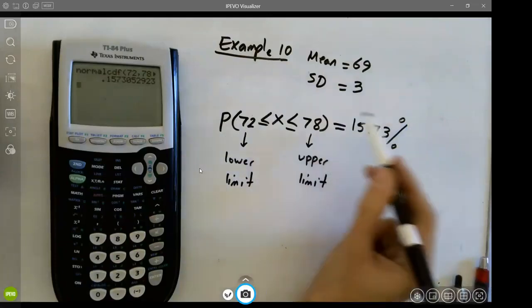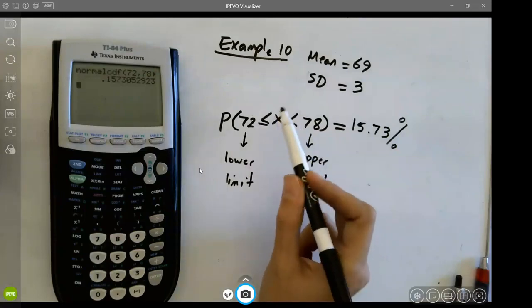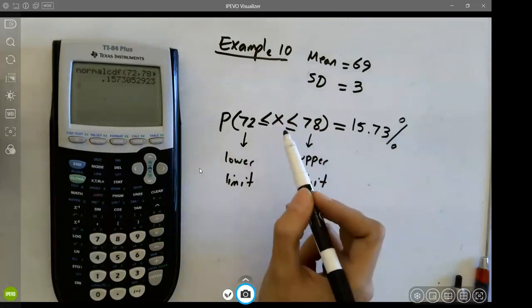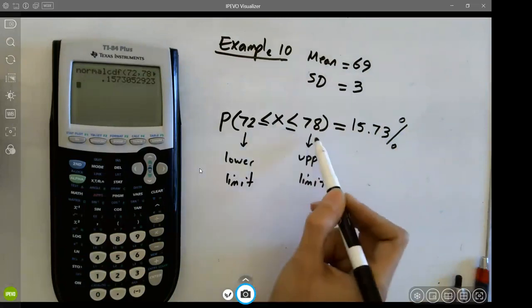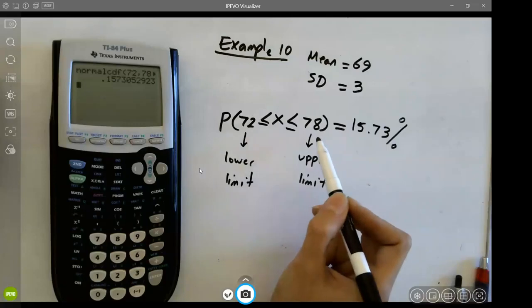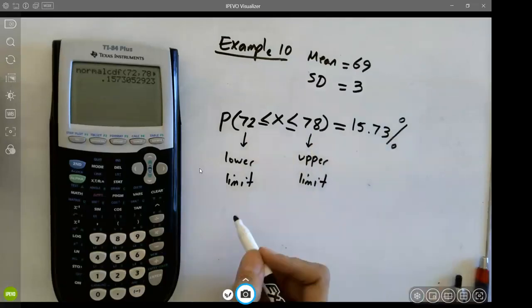So the probability that we randomly select one person and that person has height in between 72 and 78 is 15.73%.